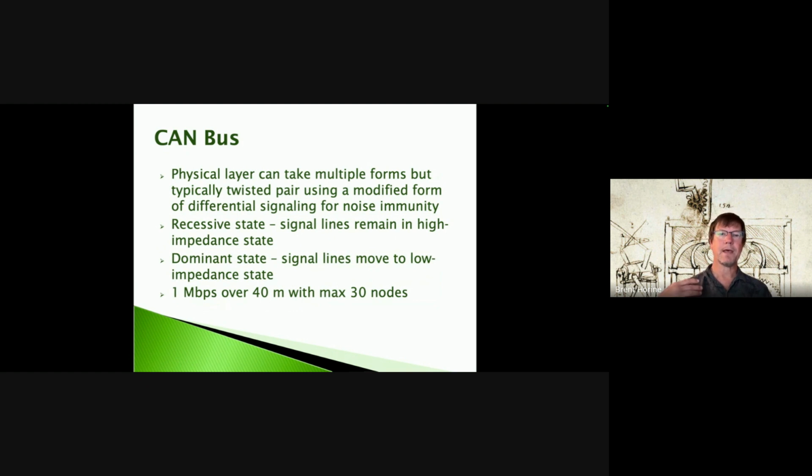So your wiring needs to be shielded, and maybe you studied this in applied electromagnetics, but if you twist two wires and send a differential signal on them, they can mutually shield each other. So that's typically used for noise immunity.